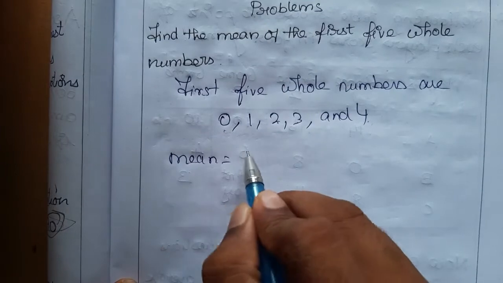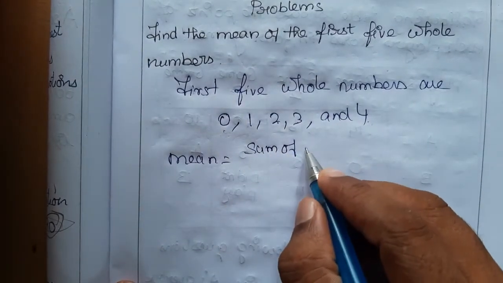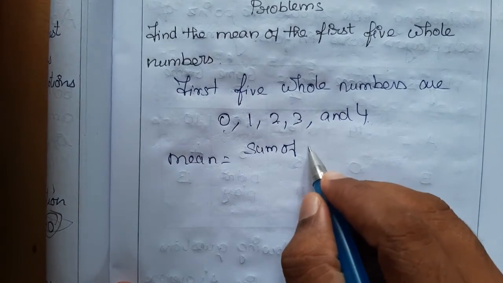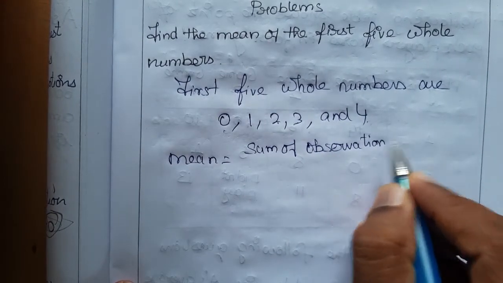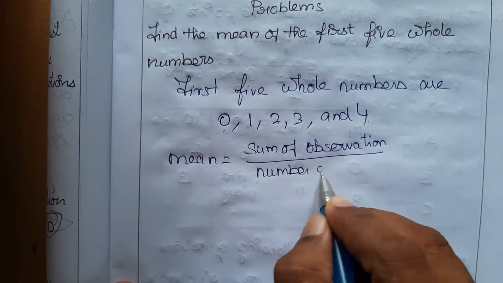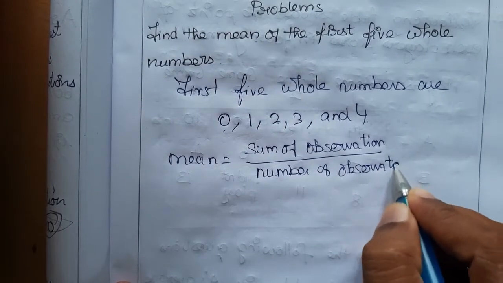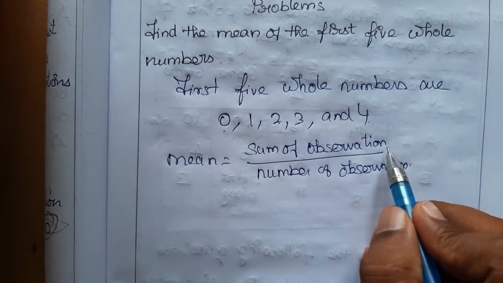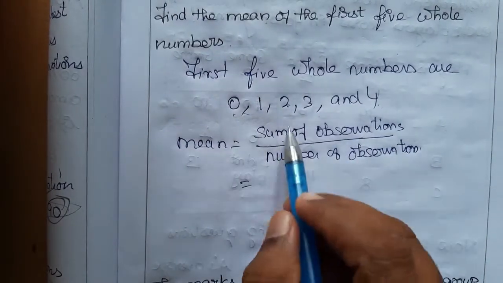So mean is equal to the sum of observations divided by the number of observations, right? So we have to add all these. Sum means addition.